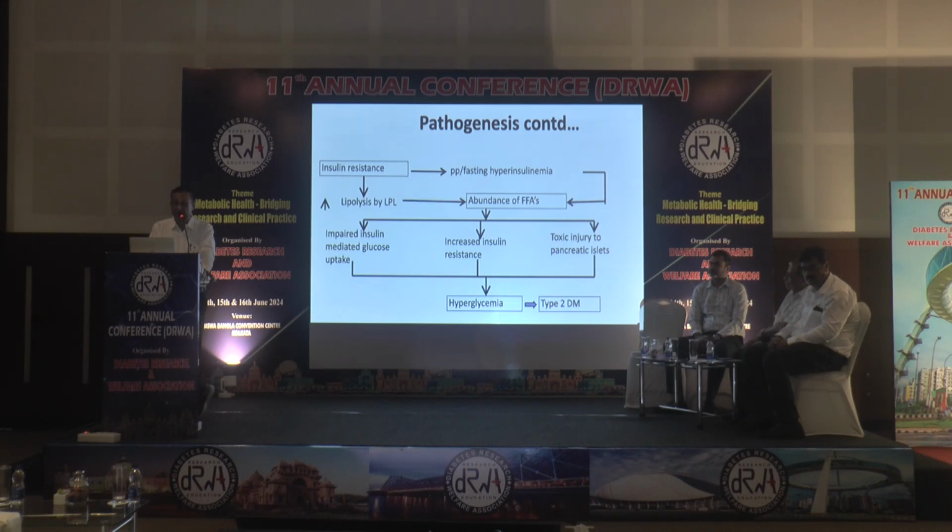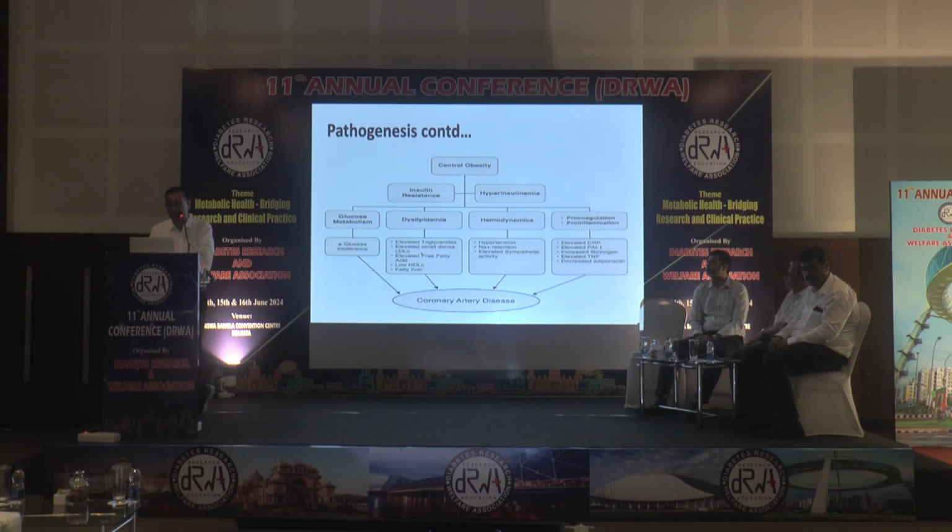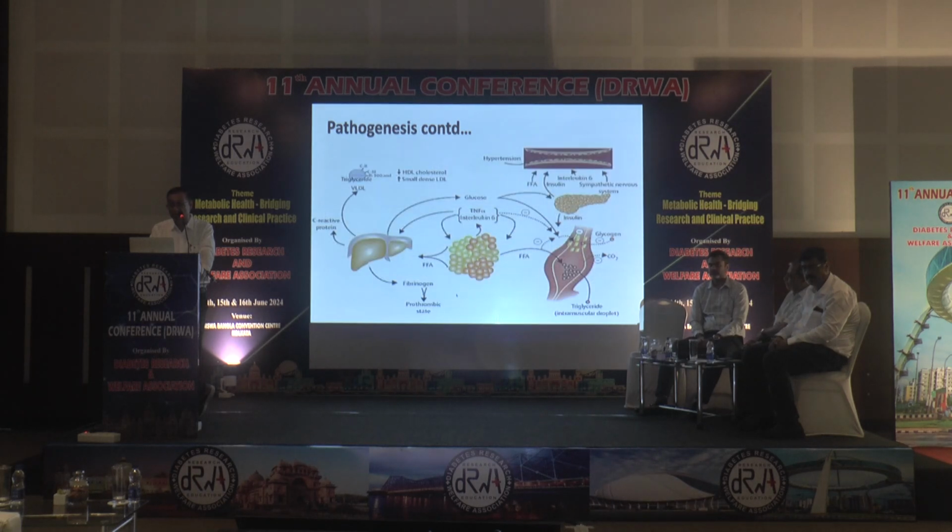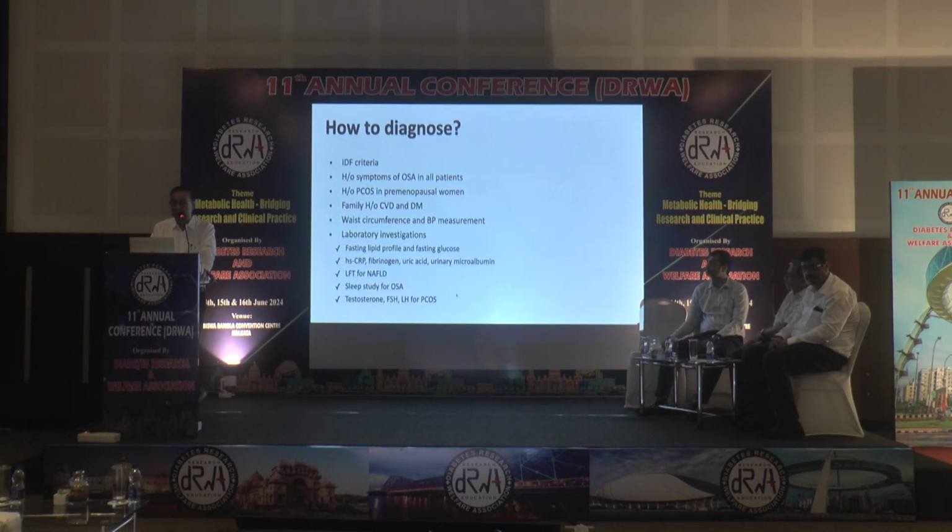At the same time, there are tyrosine phosphate receptors which are abnormally functioning at the level of skeletal muscles. So this is the flow chart, how actually it perpetuates coronary artery disease with central adiposity and hyperinsulinemia.